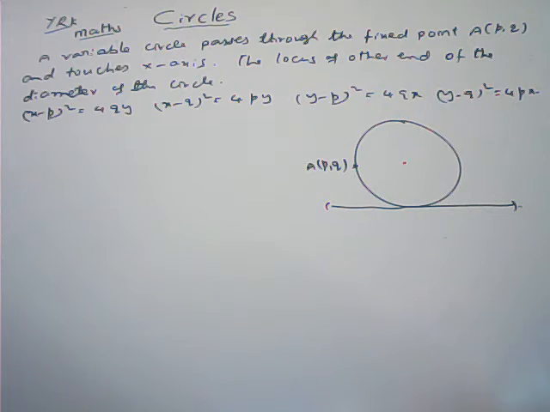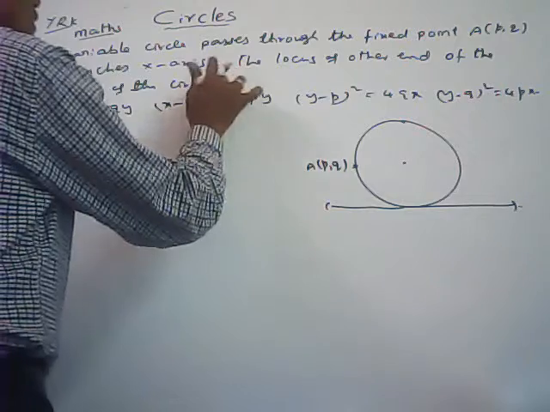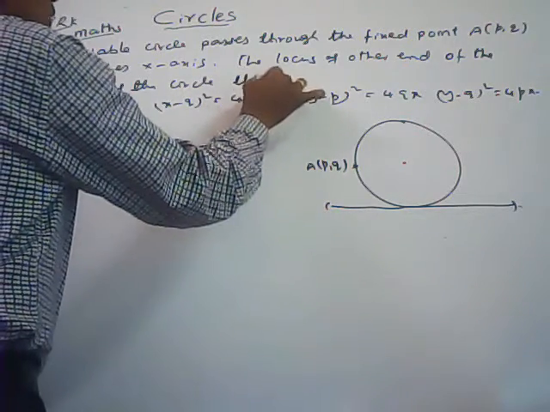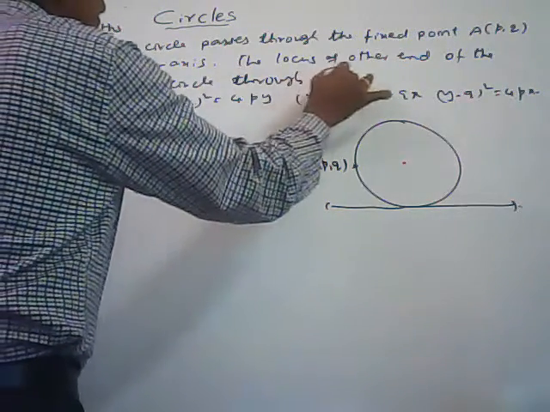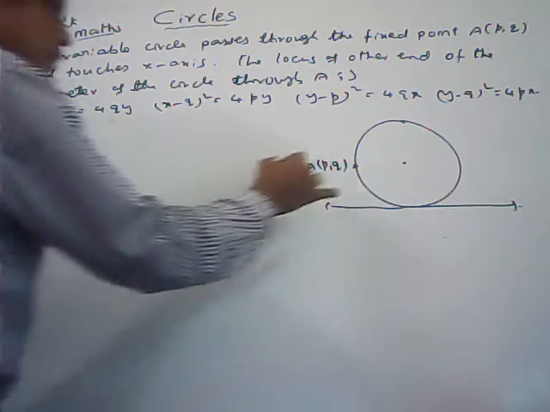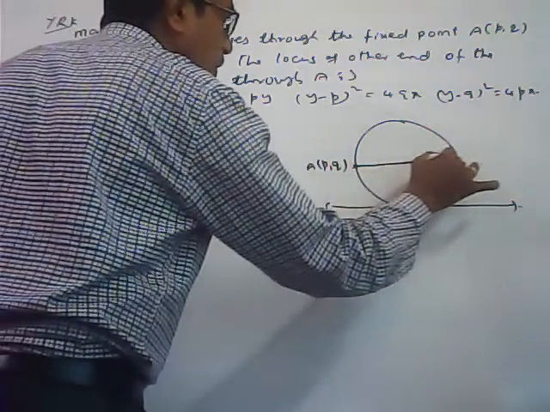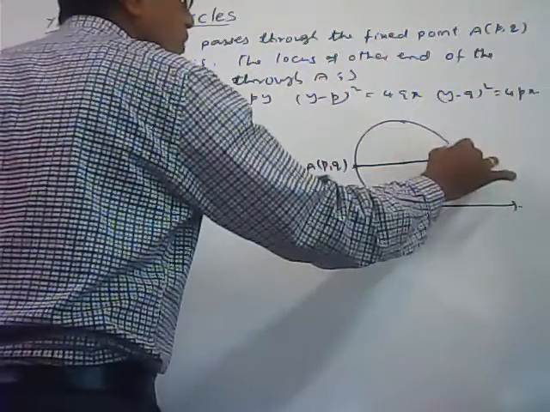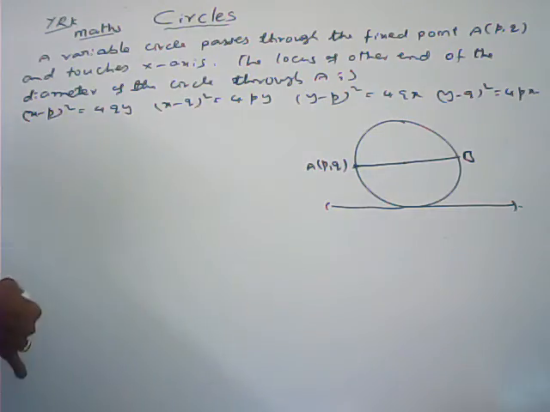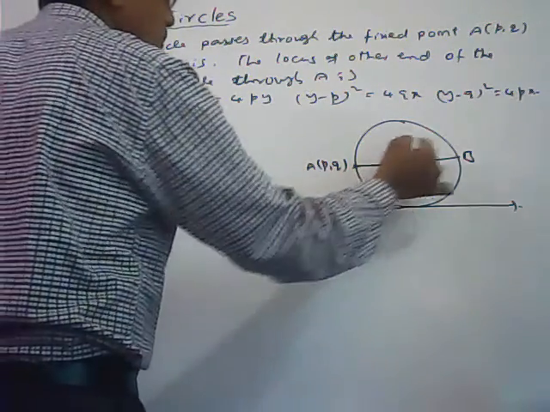The locus of the other end of the diameter of the circle through A: through A you can draw a diameter. We need the locus of the other end of the diameter.